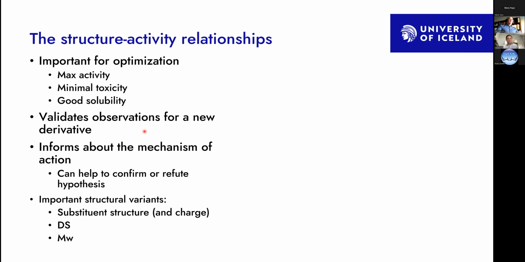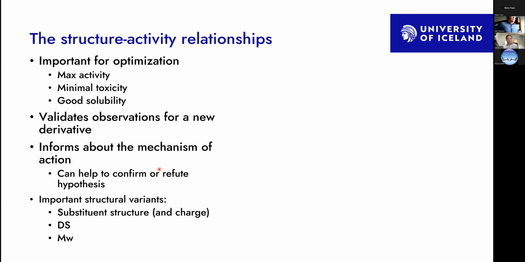In my opinion, it's also a little bit questionable when you have just one derivative made and measure the activity. Ideally, you should make a range of derivatives to validate this result. The similar structures should give similar results.